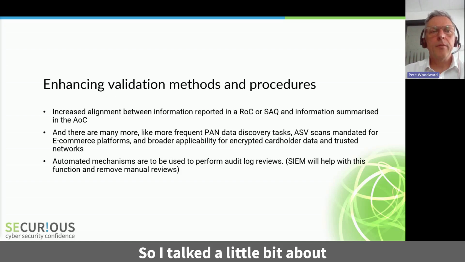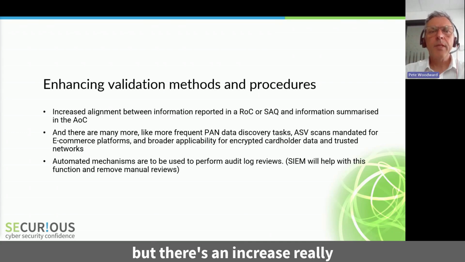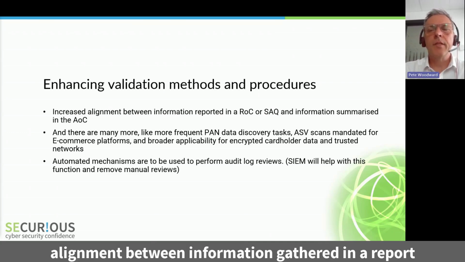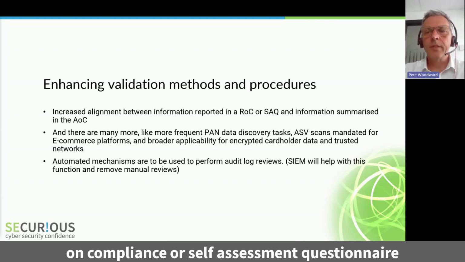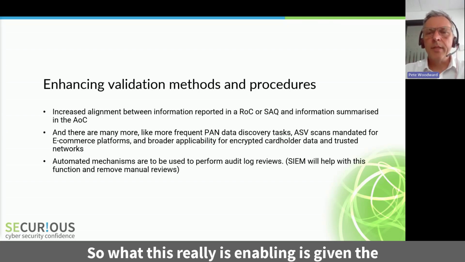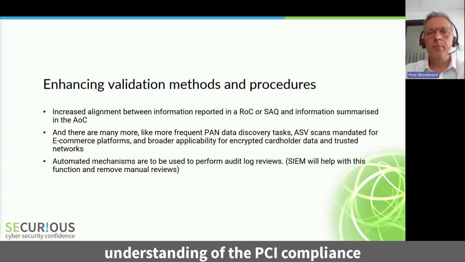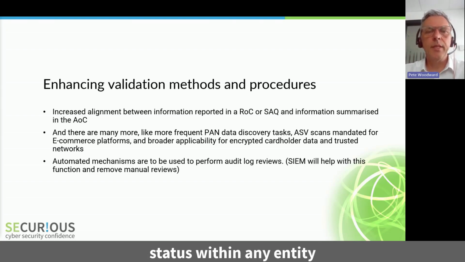So I talked a little bit about validation and assessment. There's a lot more validation requirements now for doing PCI compliance, but there's an increased alignment between information gathered in a report on compliance or a self-assessment questionnaire, which is now summarised in the attestation of compliance. So what this is enabling is giving the receiving parties a more clear and informed understanding of the PCI compliance status within any entity.